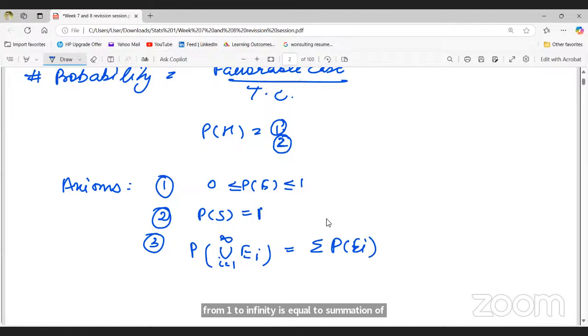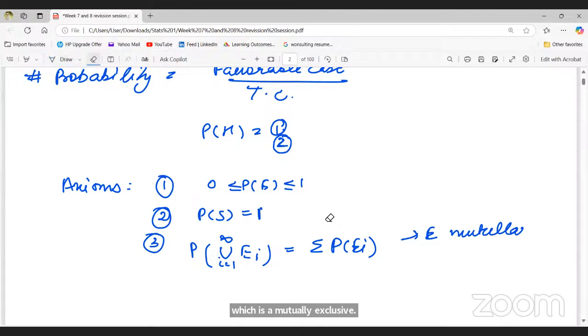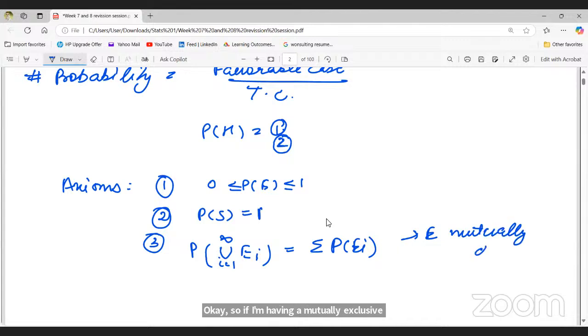Here we are considering that the E_i are mutually exclusive events. So if I have mutually exclusive, or disjoint, events, then the probability of the union of all the events E_i would be equal to the sum of the probabilities of E_i.